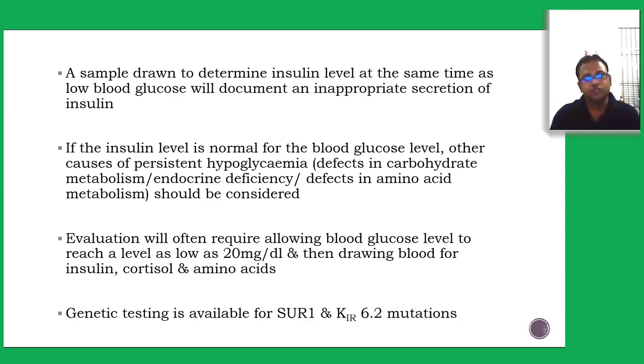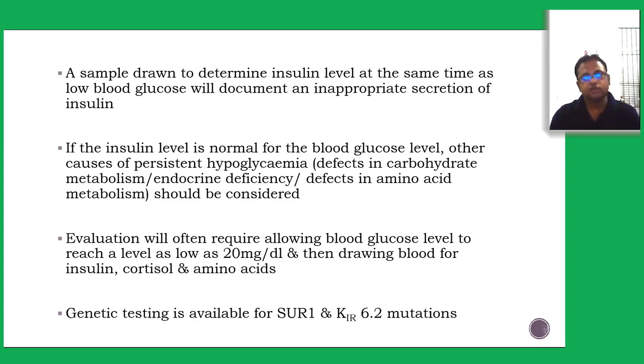If you do an insulin level in this child, you can detect inappropriate secretion of insulin. If the insulin level is normal for that blood glucose level, then you have to look for other causes like glycogen storage disorders, endocrine deficiency, defects in amino acid metabolism, and so on.